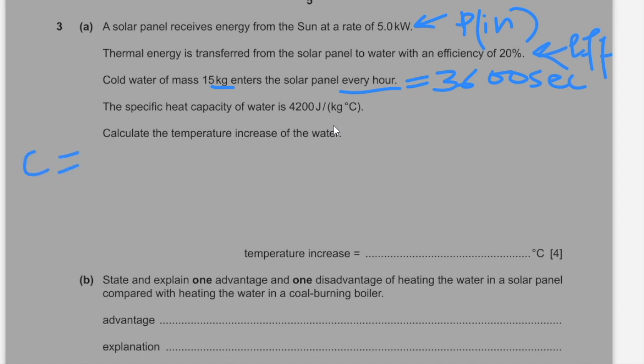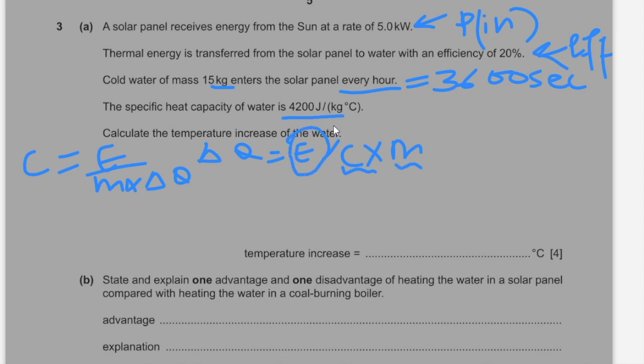Specific heat capacity is equal to energy over mass into change in temperature. So change in temperature is equal to energy divided by specific heat capacity into mass. Specific heat capacity and mass are given in the question, and now we need to figure out the energy over here. So energy is equal to power into time.